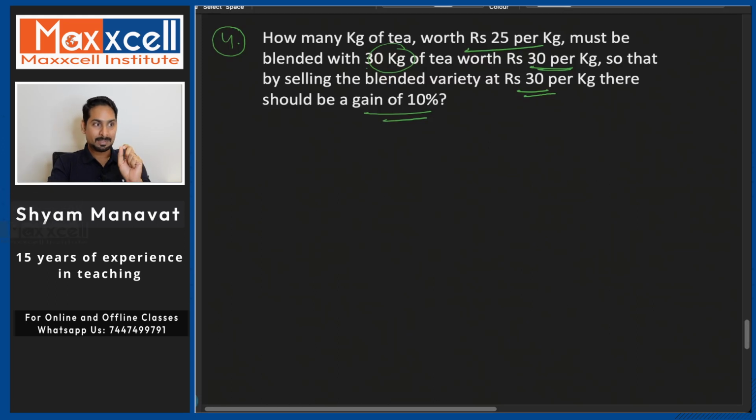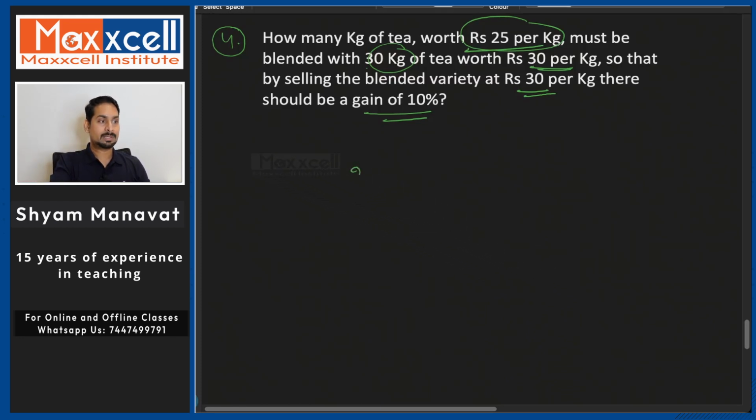So first, do you agree with me that applying the alligation rule here will be easy? See, you got one part, how many kgs of tea, so the quantity you need to find out. It's okay, we'll handle the quantity later, because after having the cross difference we get the ratio of quantities, right?